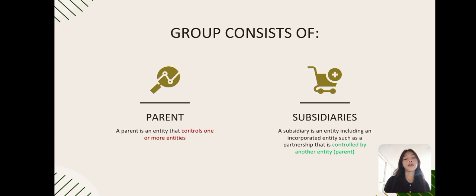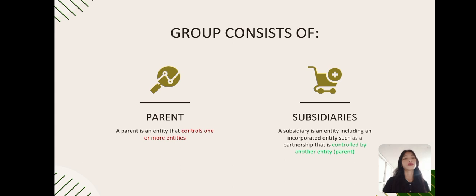So a parent group refers to the large organization that owns a number of smaller separate commercial or industrial firms. For example, a parent firm or parent group is Facebook. Why? It is because Facebook has operations of its own and also has subsidiaries such as WhatsApp and Instagram.